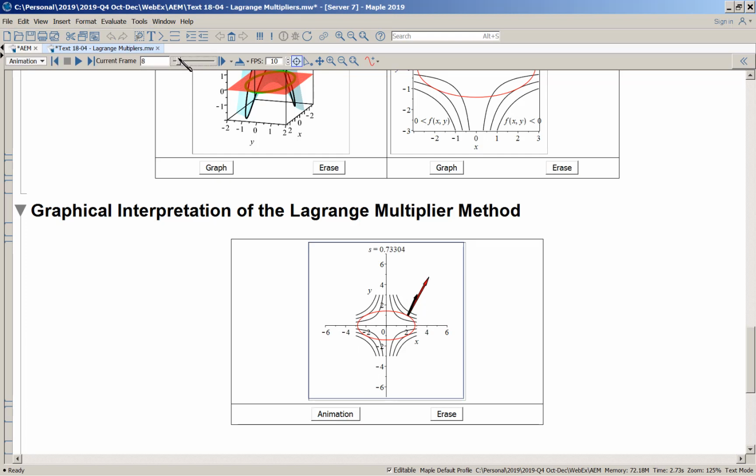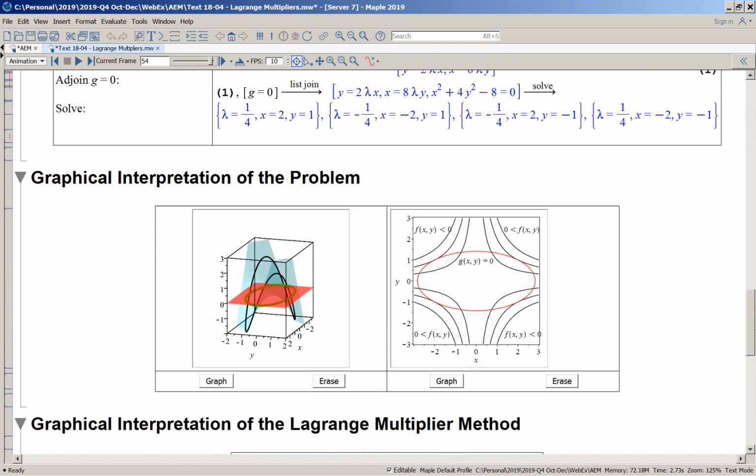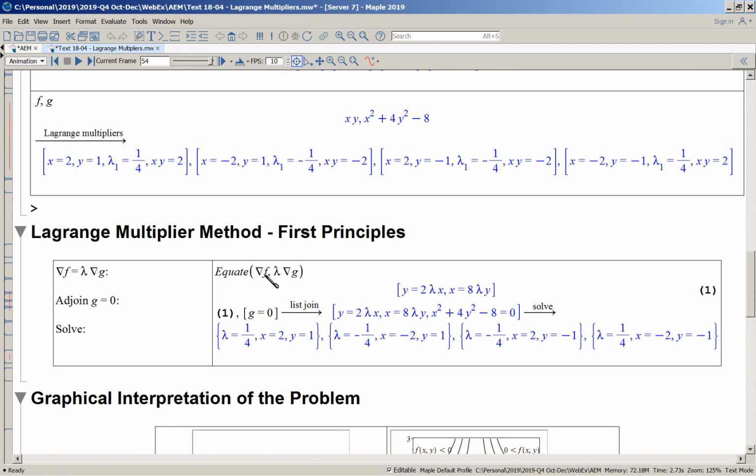At a point of tangency, the gradients are collinear, not necessarily always in the same direction, because here they're not in the same direction, but at each point of tangency where an extreme value lives, the gradient vectors are collinear. And that's what the equation that we did here says, grad f equals a multiple of grad g. Collinear, not equal, but collinear.